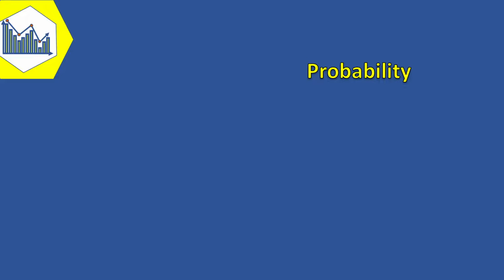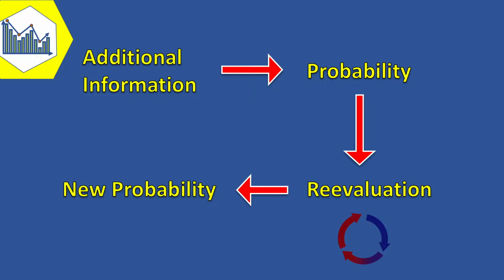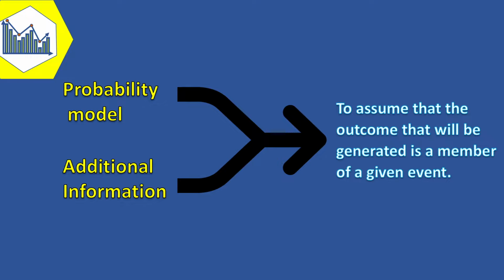As I said, sometimes probabilities need to be re-evaluated as additional information becomes available. A useful way to incorporate additional information into a probability model is to assume that the outcome that will be generated is a member of a given event.